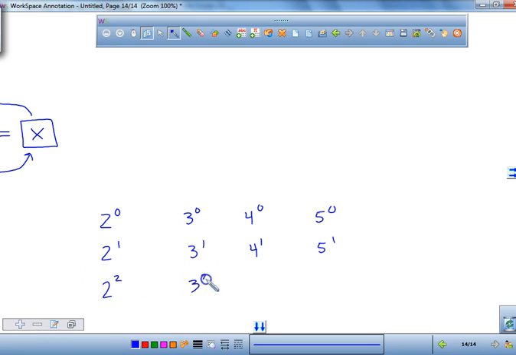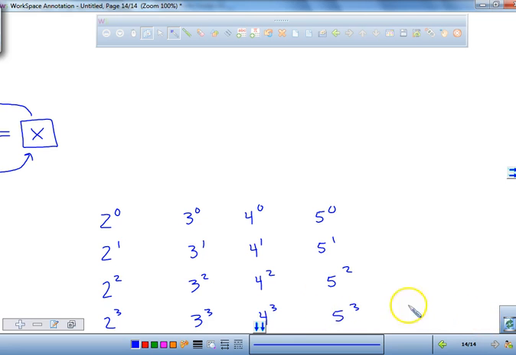Squared. We're not going to do all of them, okay? I'm just going to do a few so you can see a pattern. So once you've written down these right here, then I want us to go negative.